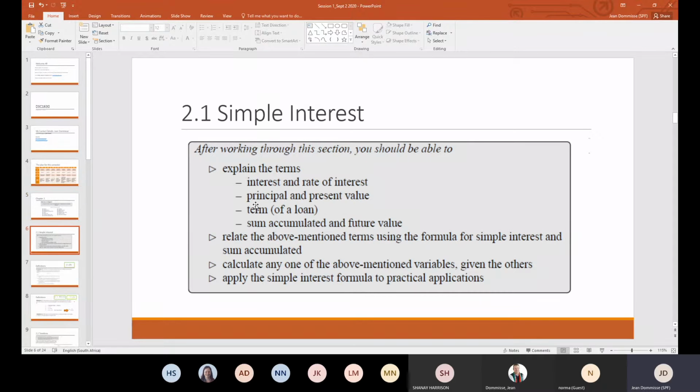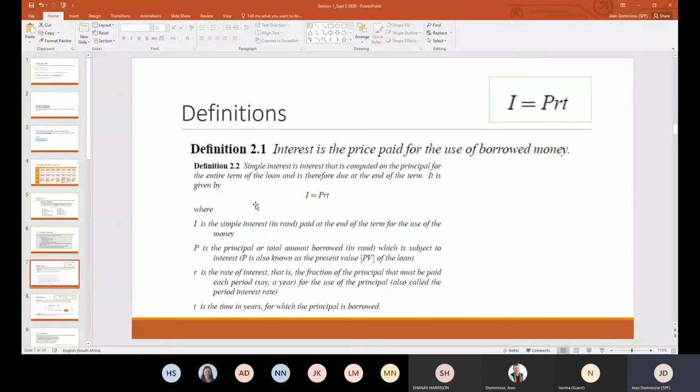So I'm not gonna say what simple interest is. I basically want to get to the definition that we use and the formula that we use.